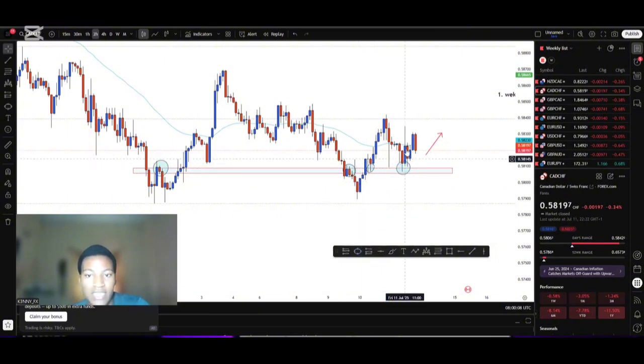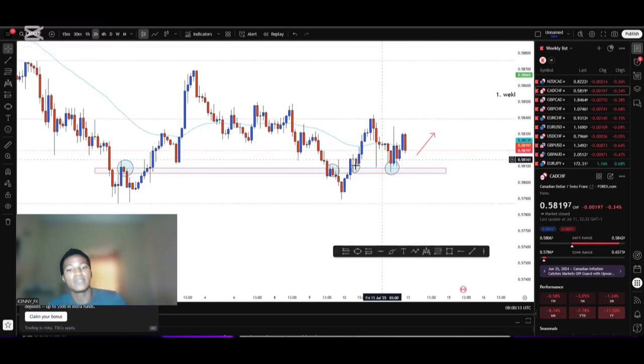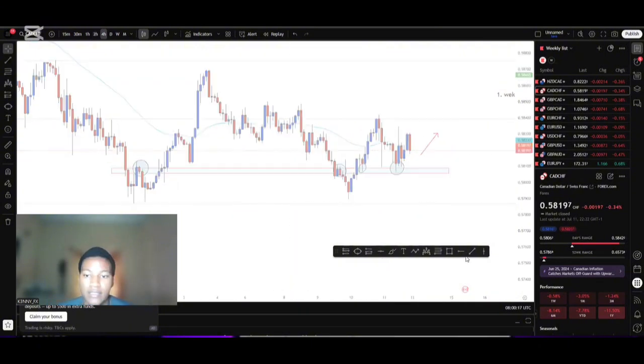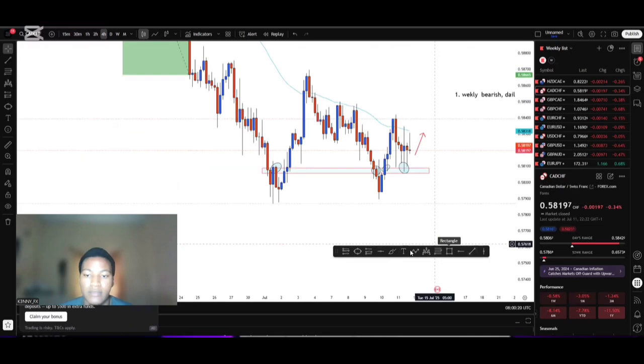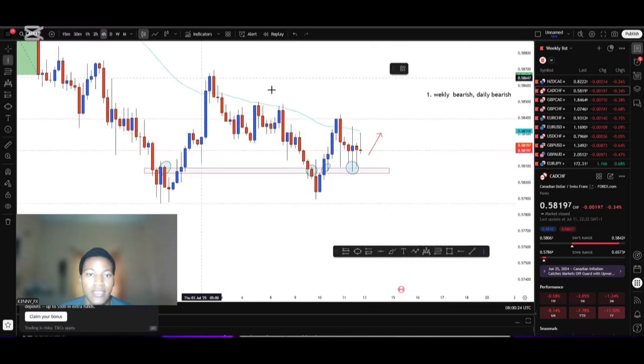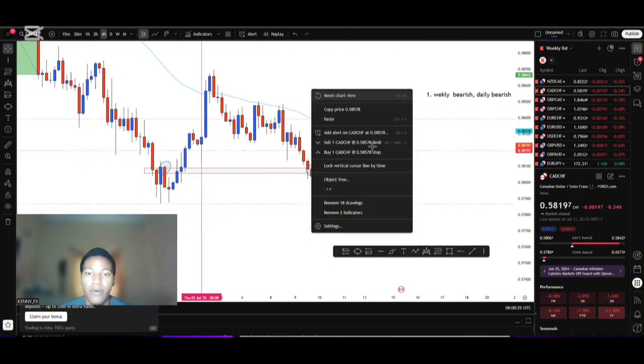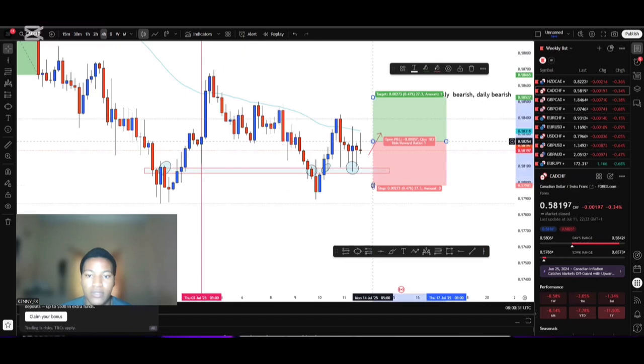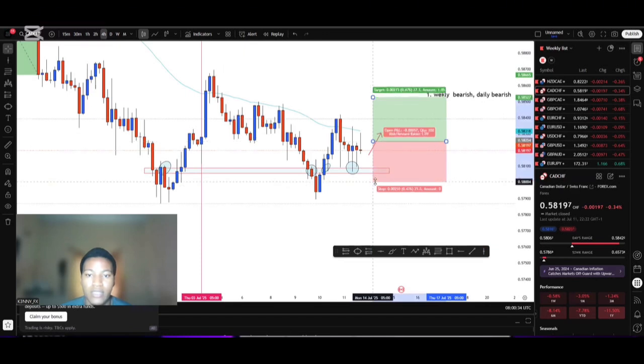It's already rejected, so we're waiting for another rejection in our session to buy. Then we'll be targeting highs like this, maybe this high-ish. Basically, I'm trying to enter somewhere here, and my stop loss will be under here.